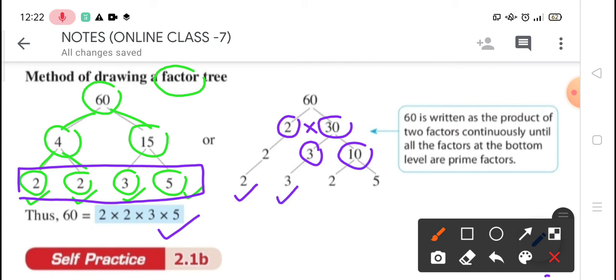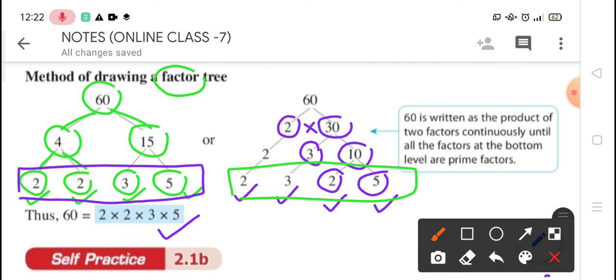Then I break 10 to 2 and 5, and 2, 5 are also prime numbers. So finally the last row all become prime numbers. That means I have done my prime factorization. So I just list out here. Remember, prime factorization only involves prime numbers.